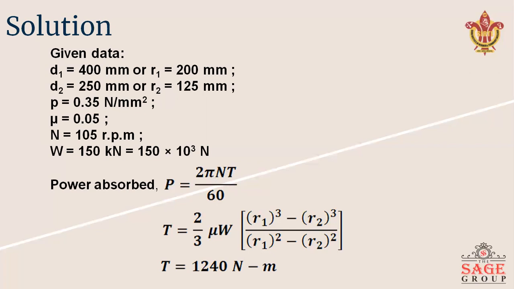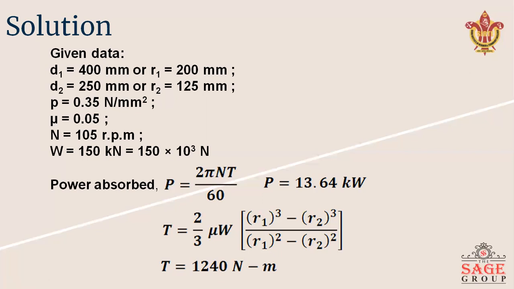Then we will have the value of power absorbed. So power absorbed P equals 13.64 kilowatt. This is the first answer.